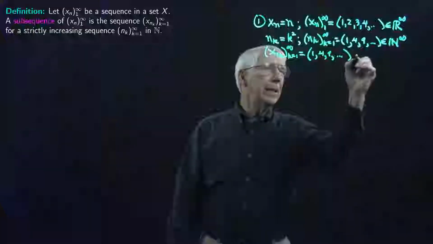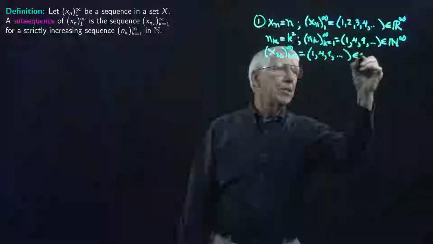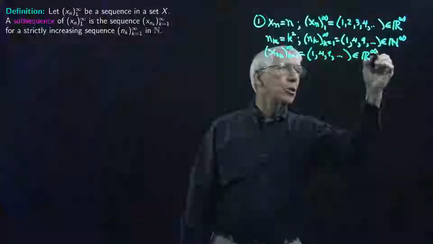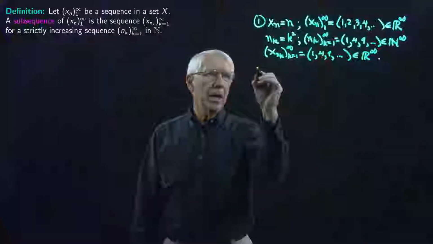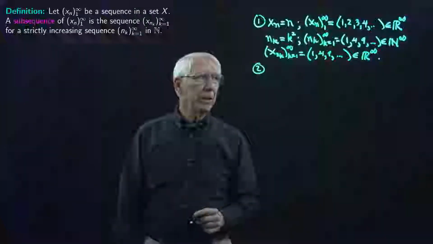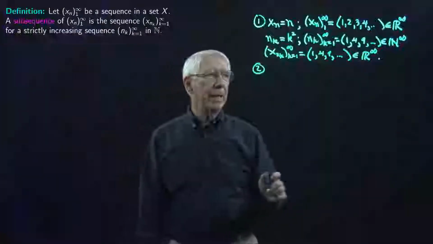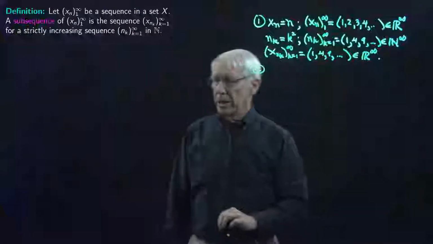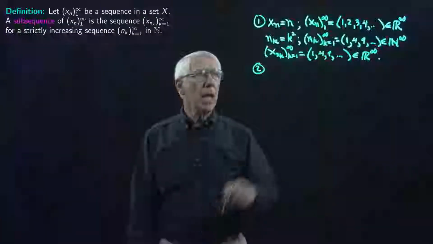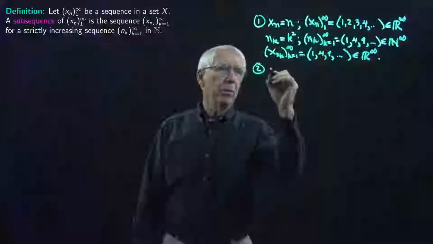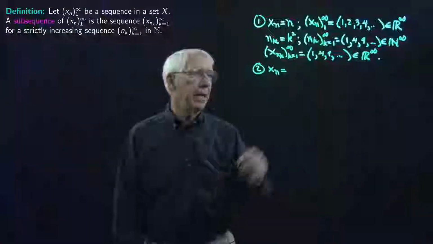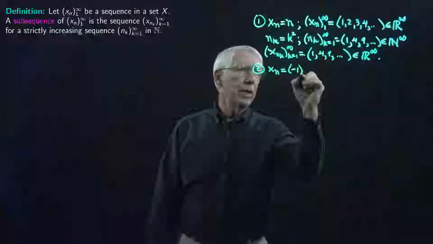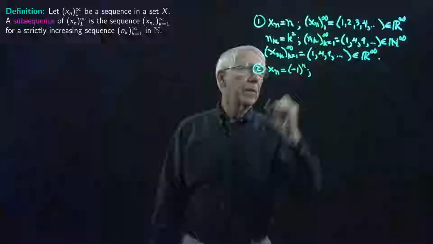But it might be so easy that it is obscuring some of what's going on. So let's go to another example where a little bit more is happening and we can sort things out a little better. Let's say that the terms of the sequence x sub n are just minus 1 to the n.